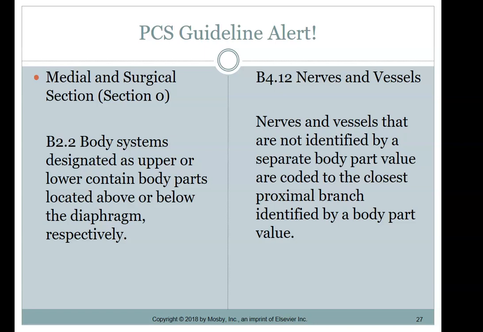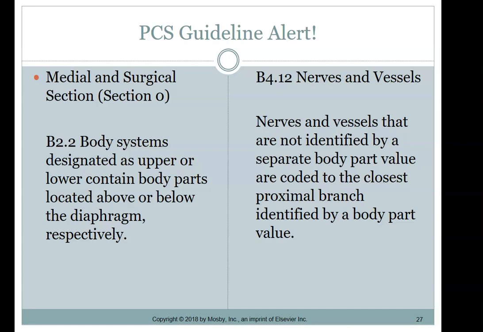A second order branch is the one that leaves the first order one, the right subclavian artery. And as you might suspect, the third order branch would be the one that divides off of the right subclavian, the axillary artery.